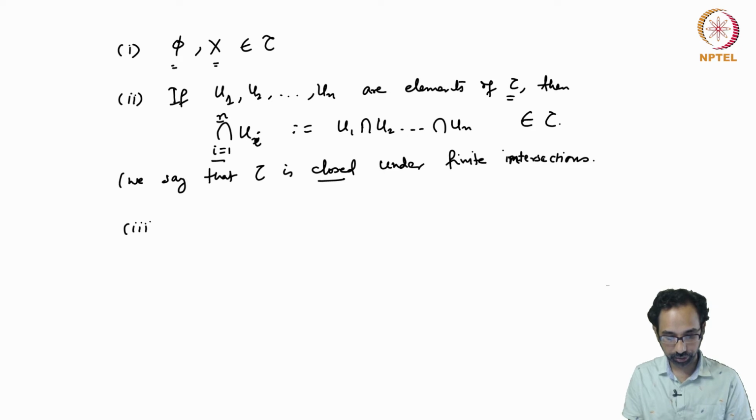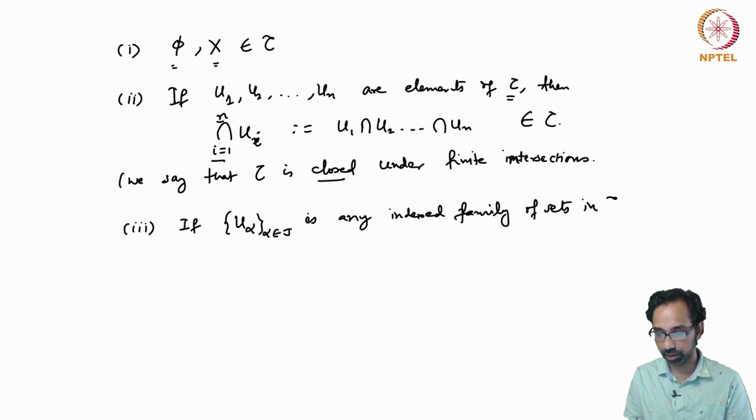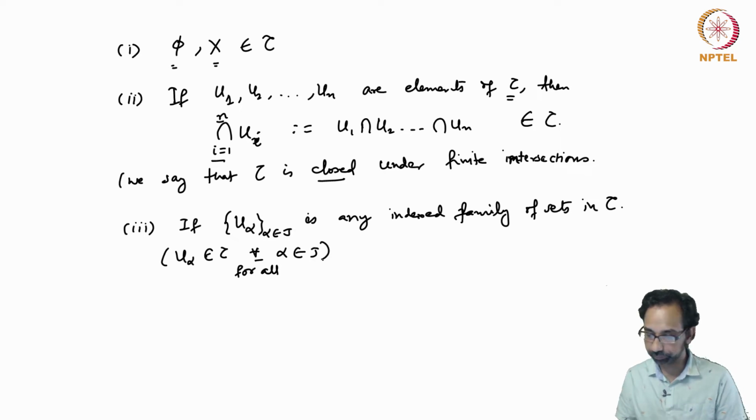The third property that it should satisfy is that if u alpha, alpha in J, is any indexed family of sets in tau, so all of these u alpha are in tau for all, sorry, this symbol means for all alpha in J. So we have an indexed family of subsets of X, u alpha, each of which are in tau.